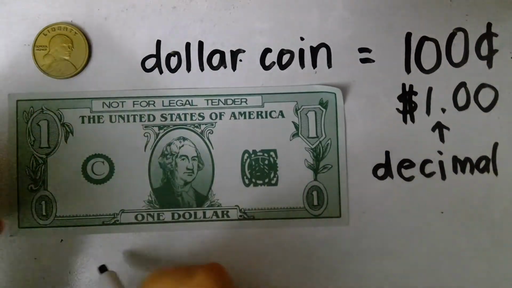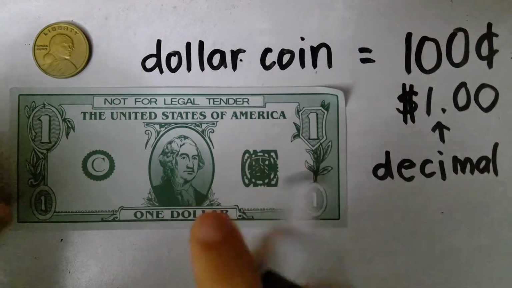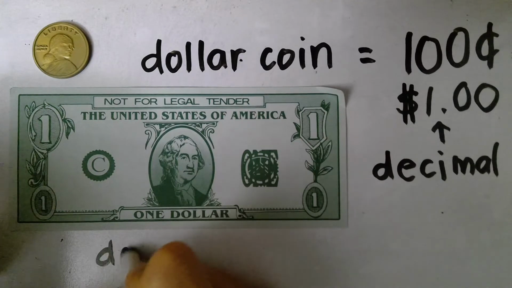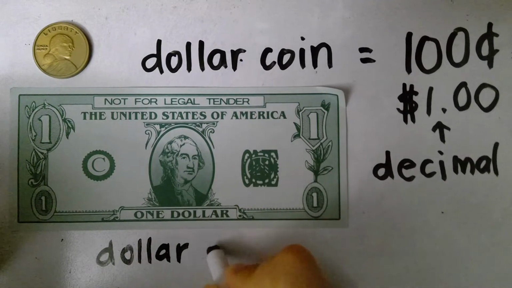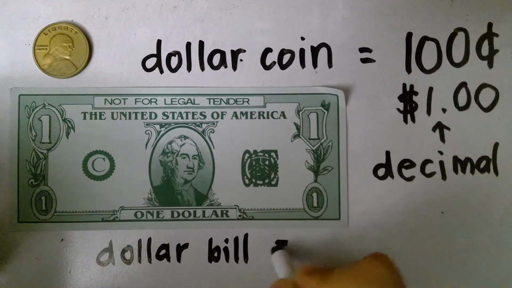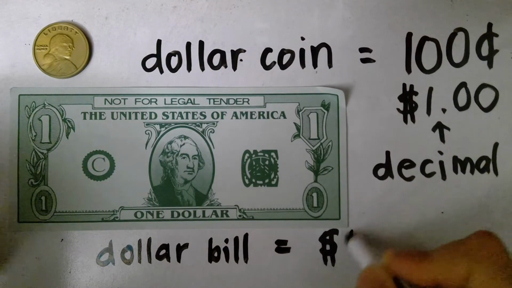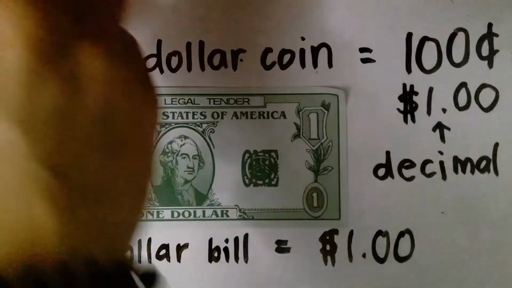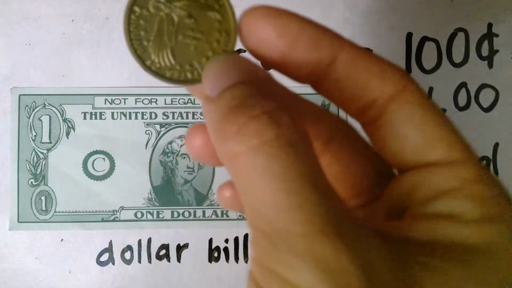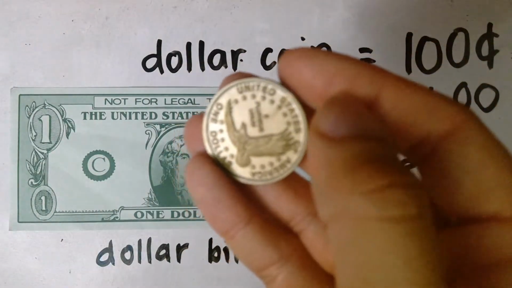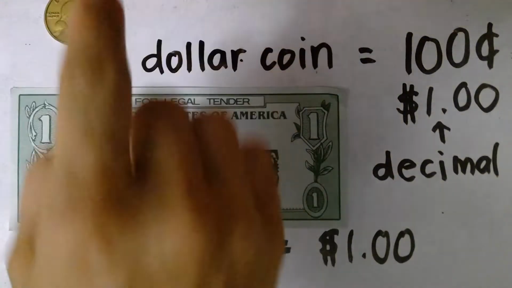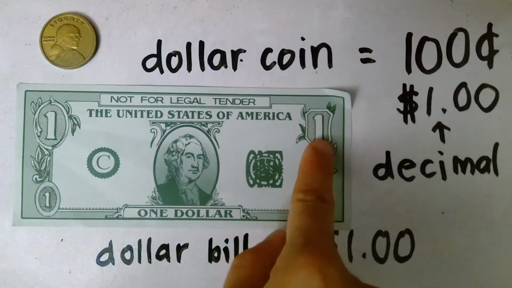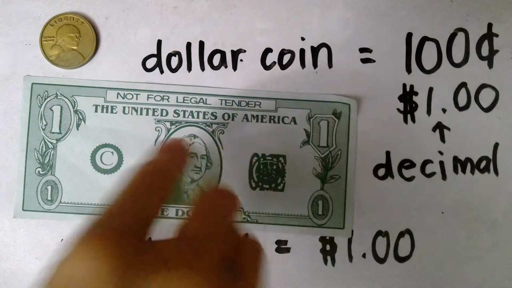And a dollar bill equals $1. And bills are really nice. I mean, coins also say it on the back in really little writing, like this is $1. But bills tell you the value right on the front.